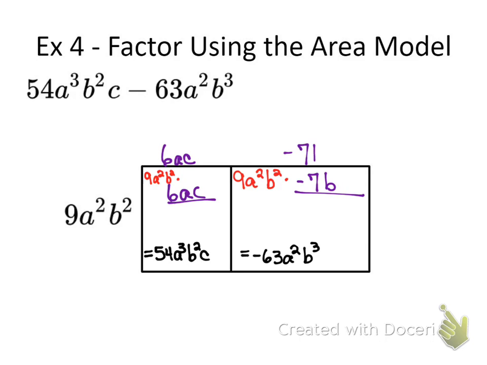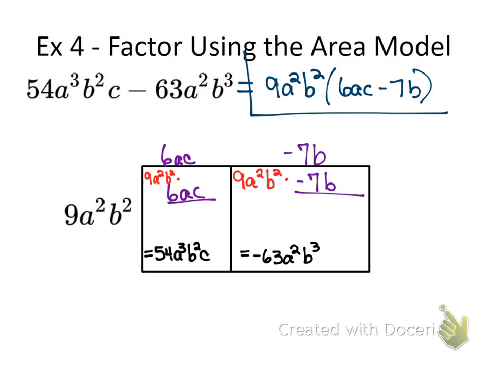So the area, because this is the area of each rectangle, equals, what's my height? 9a squared b squared times, because remember height times length, so it's my length. 6ac minus 7b in parentheses, and there's your answer.